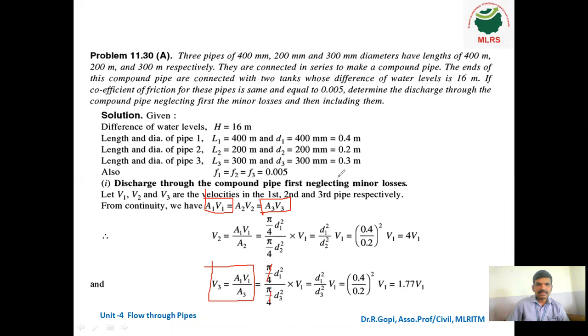Sorry, some mistake is there. D3 is 0.3. Here I substituted 0.2. Please change this value to 0.3, not 0.2. D2 is only 0.2, D3 is 0.3. It is a printing mistake. So 0.4 divided by 0.3, the whole square, into V1, finally gives 1.77 V1. So this is equal to V3.